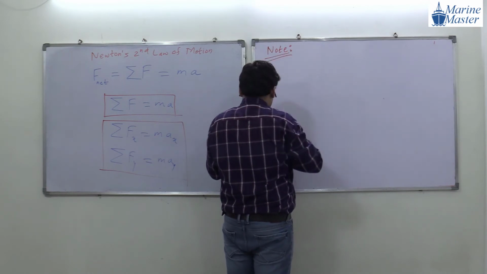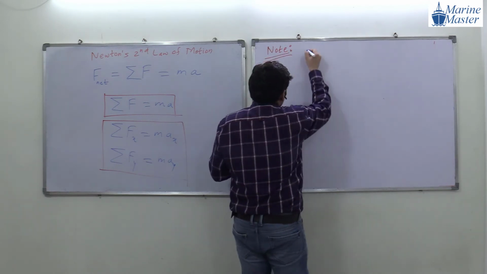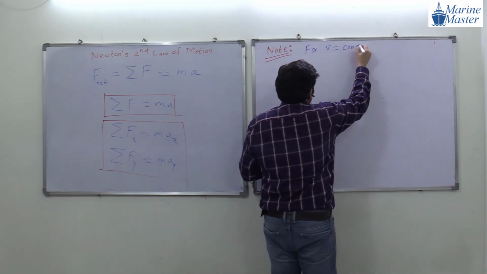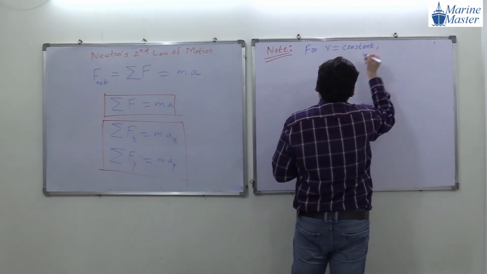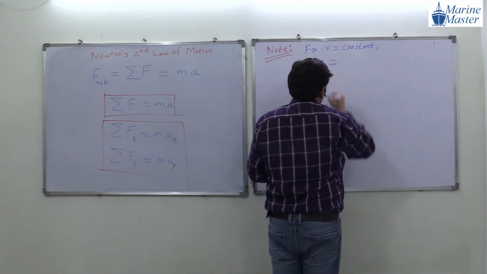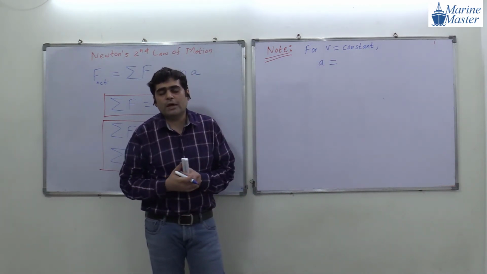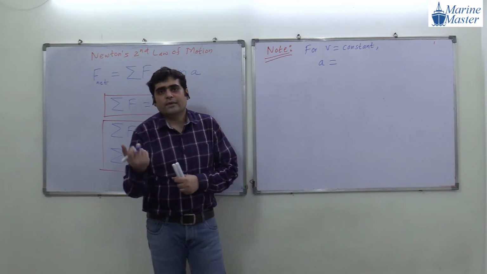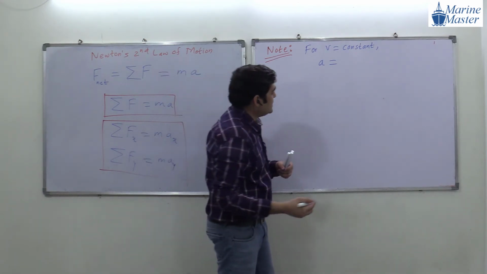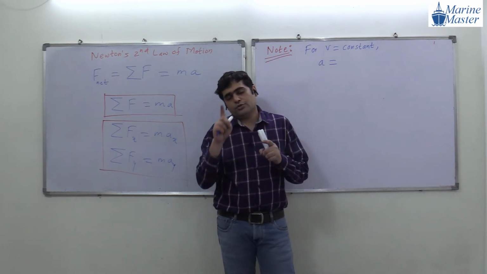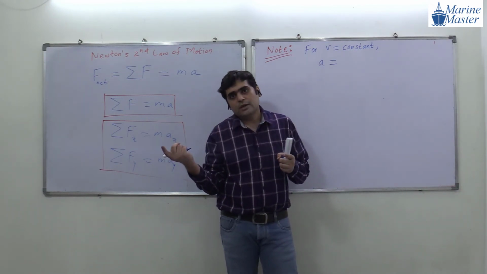Suppose velocity is constant, v equal to constant. What will be the value of acceleration? It will be 0. How are we getting 0? Initial velocity and final velocity are the same, so v minus u is 0.